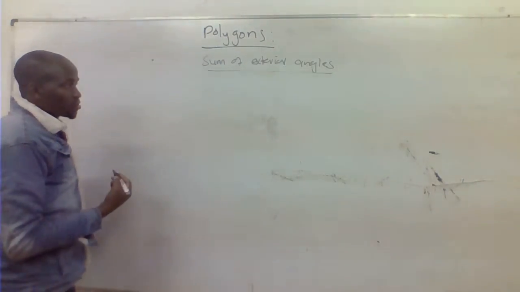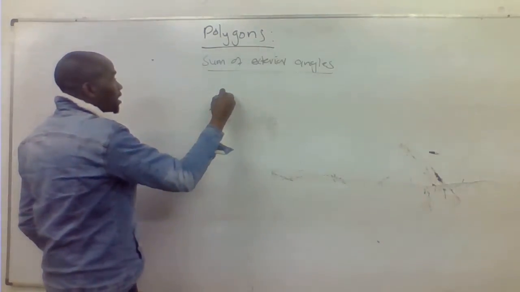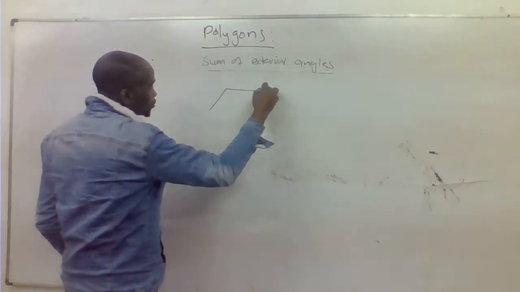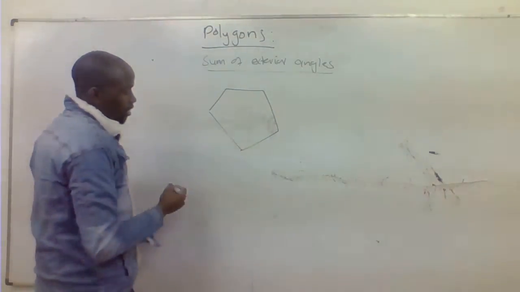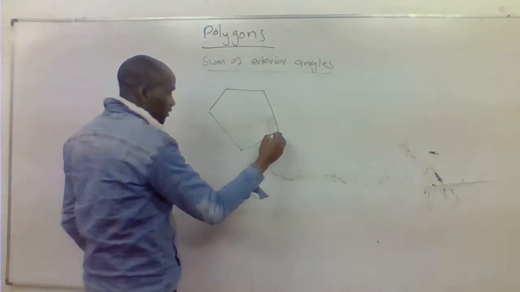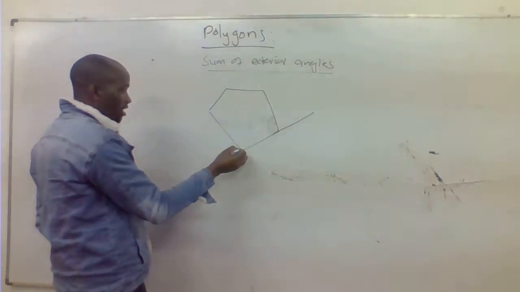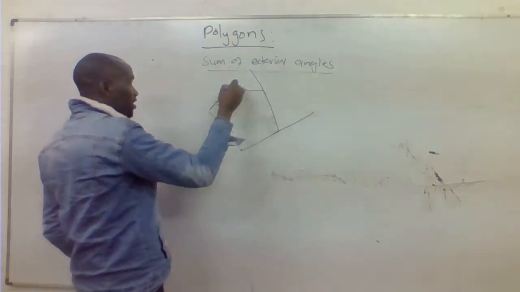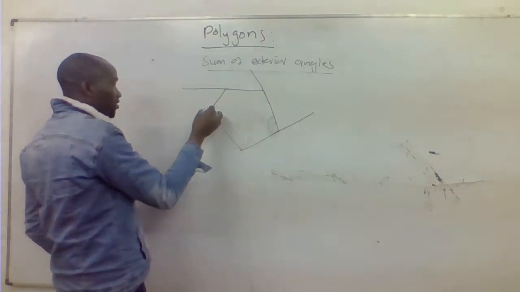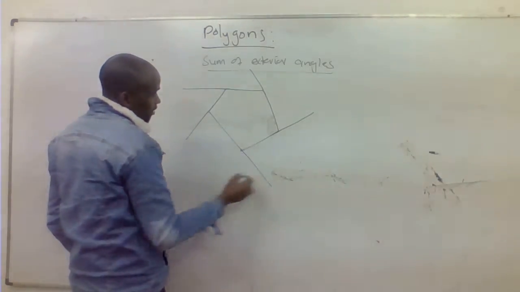Let me just draw any polygon here. For example, a pentagon. So I have 1, 2, 3, 4, then I have 5. So let me extrapolate this line. So I have this exterior angle, then this exterior angle, then this exterior angle, then this exterior angle, then this exterior angle.